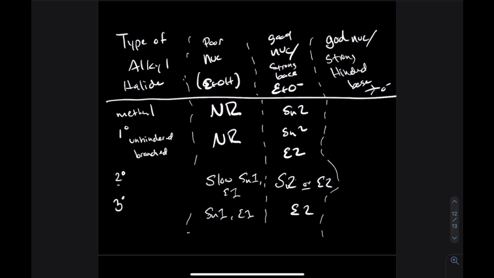Those are excellent nucleophiles, but the only time you ever see them act as a nucleophile is on a methyl. So you will get a methyl substitution. So bromomethane will actually do Sn2 chemistry. All of the rest of these are going to undergo elimination reactions.